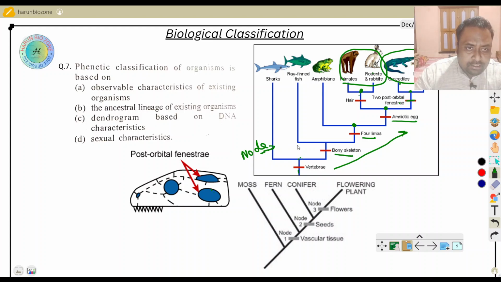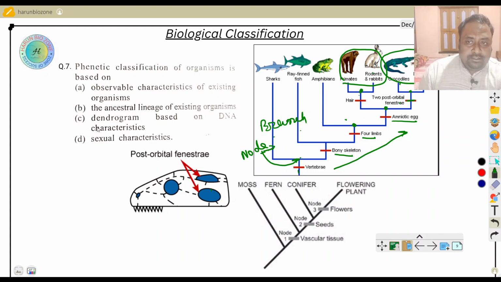This is node, these are branches. And this is called a clade. The whole thing is called a clade. Okay, this is dendrogram. Dendrogram is a tree-like structure that represents the relationship among organisms.